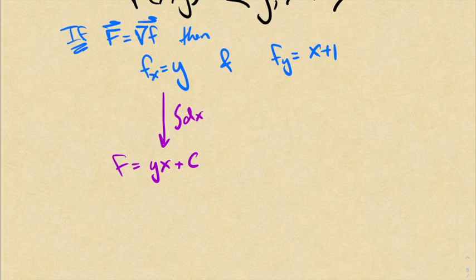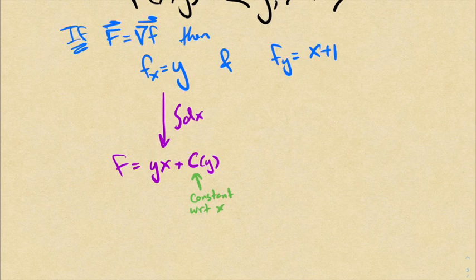But keep in mind, this constant is constant with respect to x. It could involve y. So to make sure we don't forget that, let me write it as a function c of y, which can't involve x, but could potentially involve y. So again, little f, the potential function, has to be of this form.